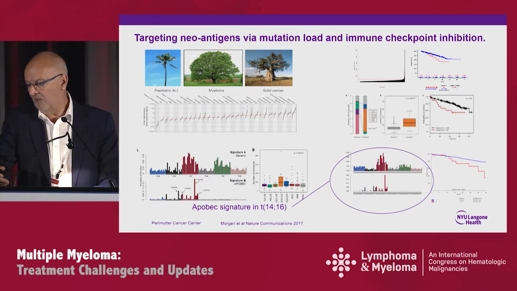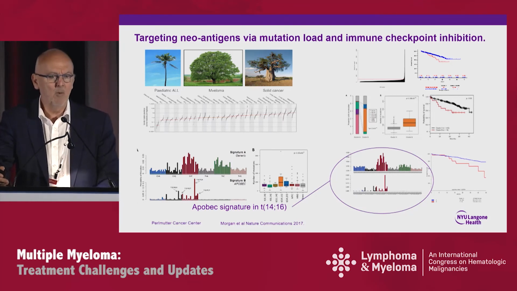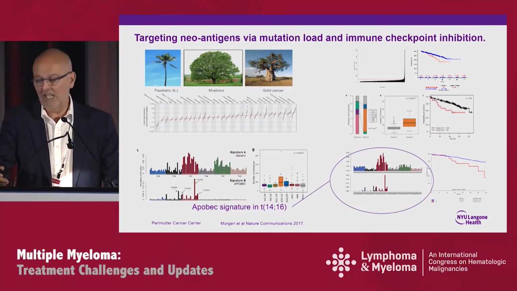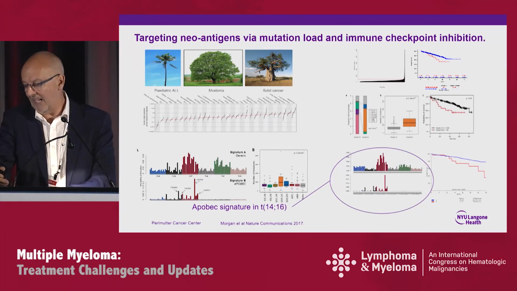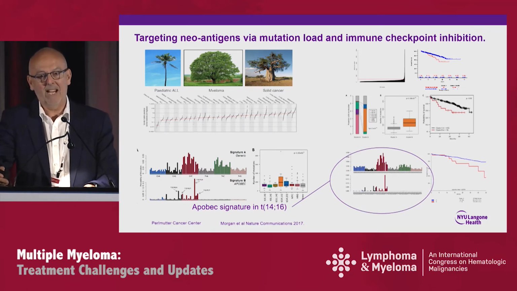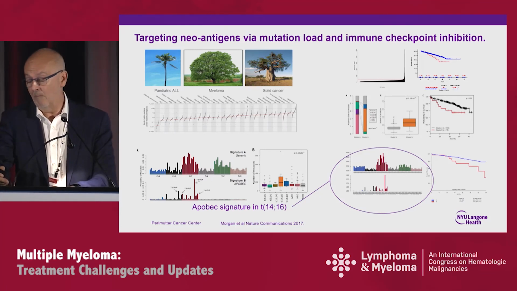So this aims to show that myeloma lies somewhere between its mutational load in the context of pediatric leukemia and a solid cancer where there's much more complexity. It has a signature of APOBEC deregulation, but that's only in the t(14;16) myelomas.